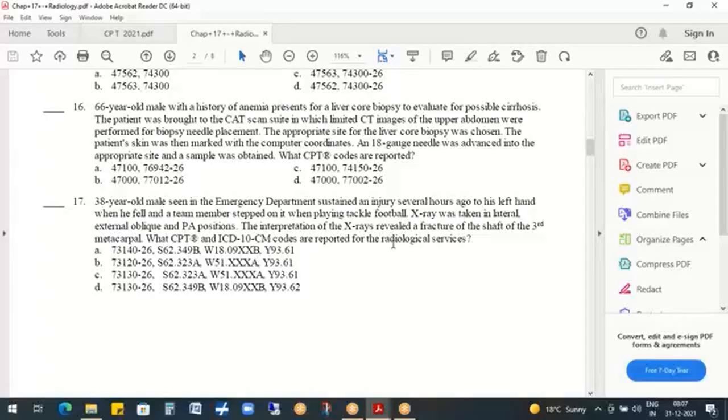If you are looking smartly, you can see options A, B, C, D. No need to go with the procedure code and the radiological code. Directly go with the radiology code. Why? Because there are 4 different radiology codes. Try to find out what guidance is used and you can pick up the answer.